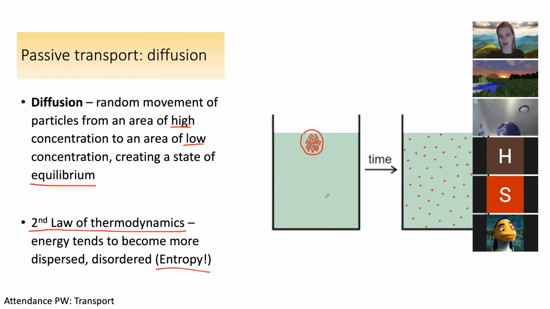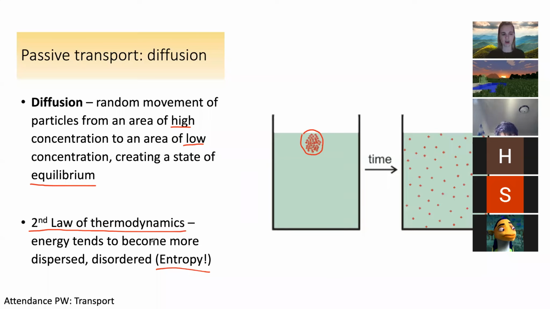So we went from a state of low disorder or low entropy to a state of high disorder or high entropy. This is the natural flow, the natural process of things. In order to get this back to an organized system, I would need to apply energy.